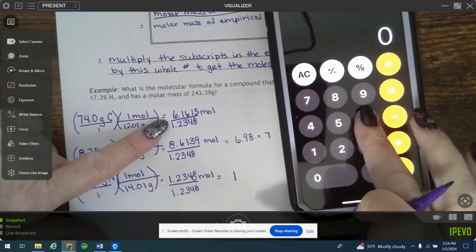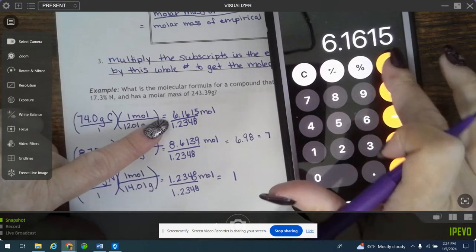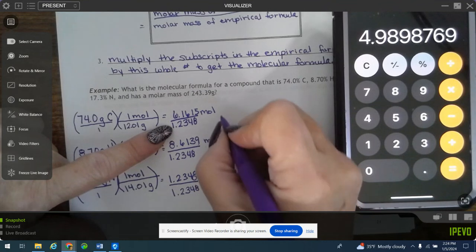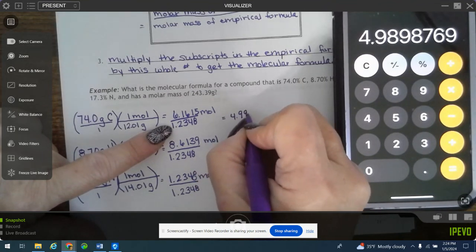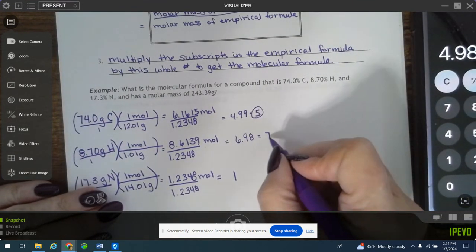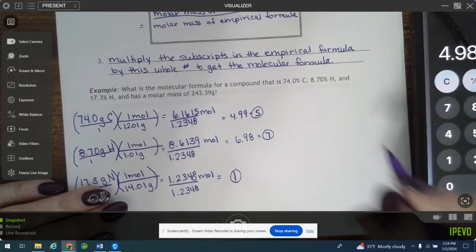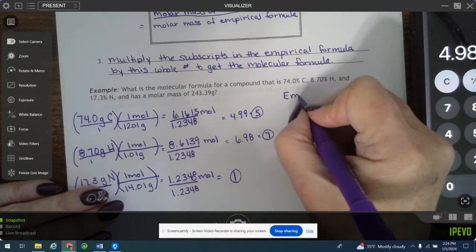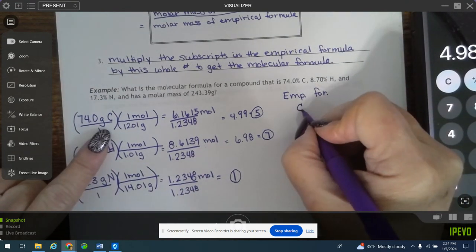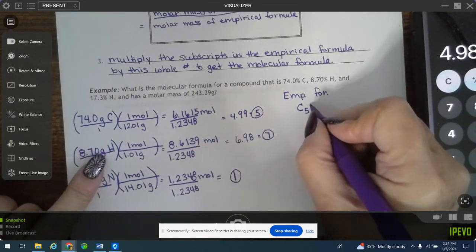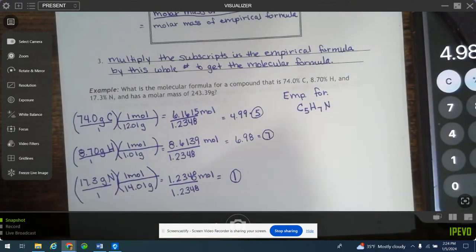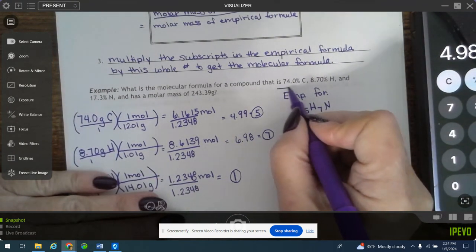And then 6.1615 divided by 1.2348 is 4.99, which I can round to 5. Since these are all really close to whole numbers, that tells me my empirical formula is C5H7N1, or C5H7N. So this is my empirical formula.